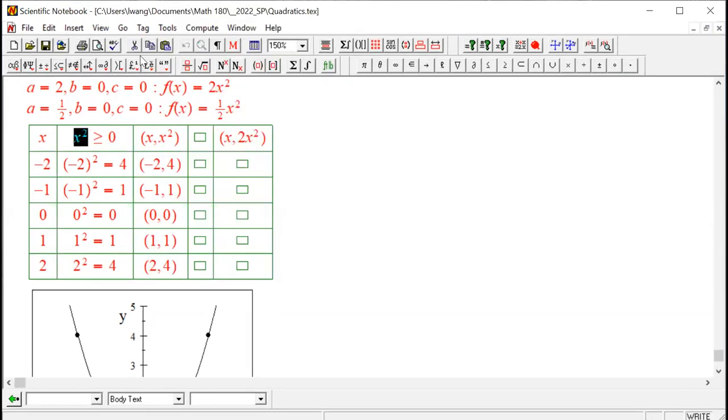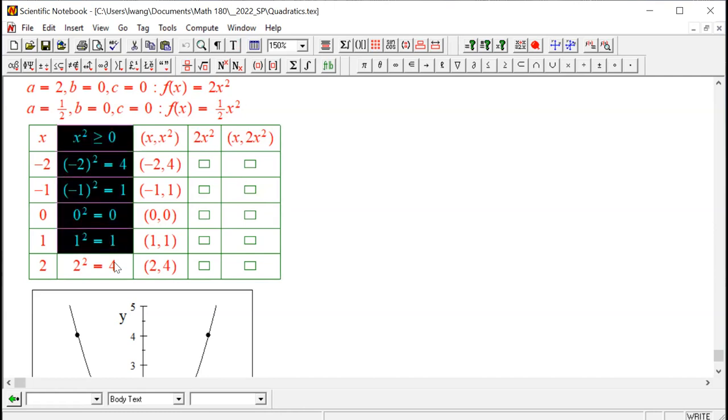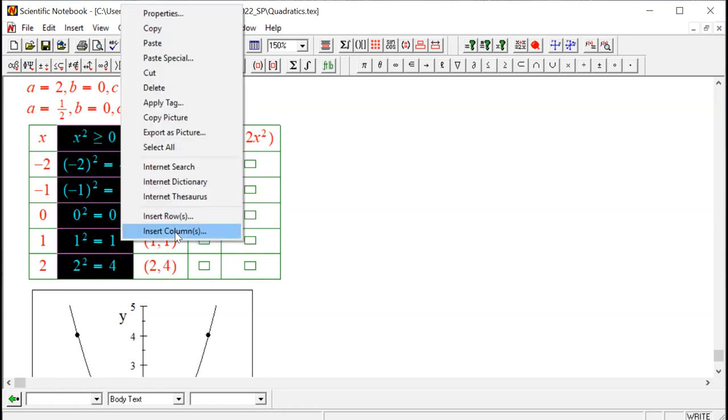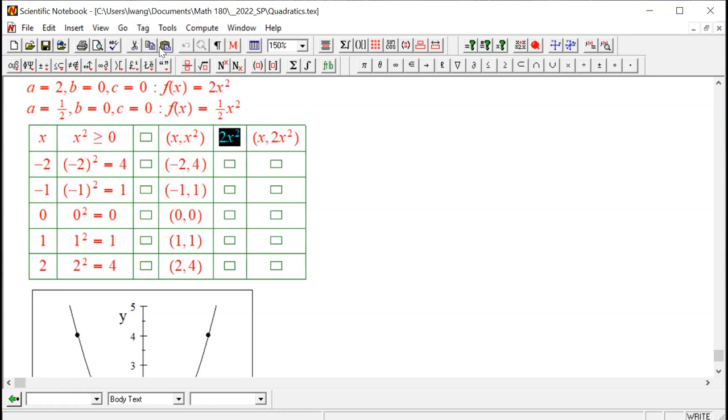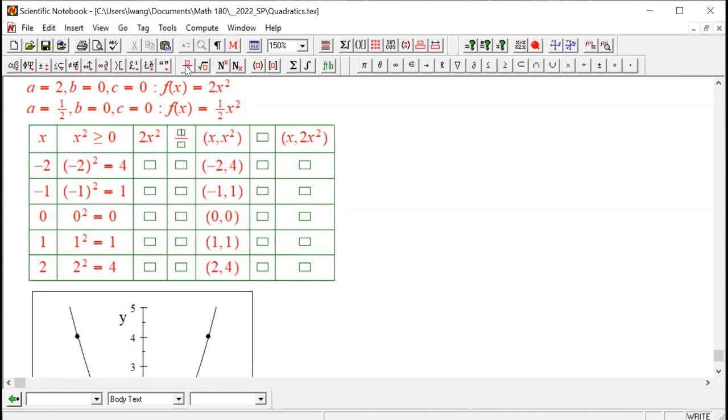So we got an x squared, and we're going to put a 2x squared. We know what x squared is, so 2x squared would just be doubling the x squared. Or for convenience, let's put 2x squared up here, and we're going to put a half x squared.